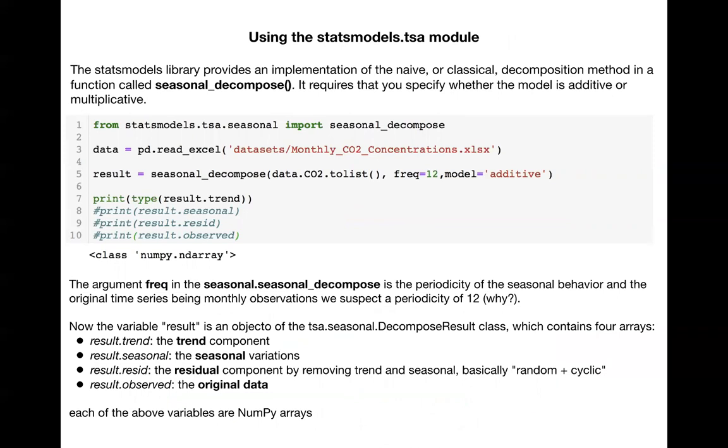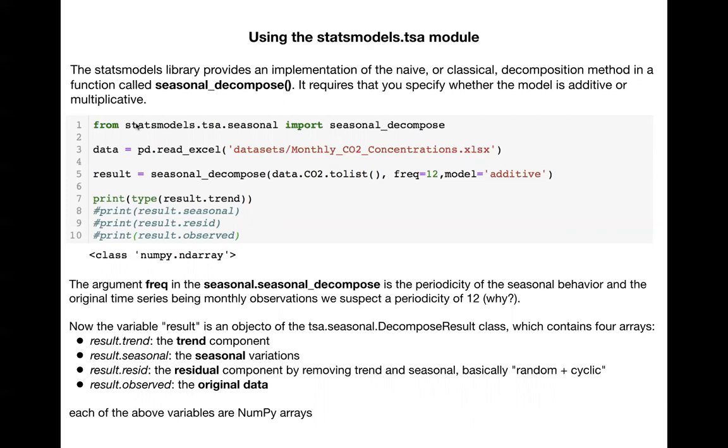So here we're going to introduce another module, which is the last module of this course. It is called statsmodels.tsa. Statsmodels is a statistics module that has lots of useful statistical analysis functions, and TSA is time series analysis. We use a function called seasonal_decompose.